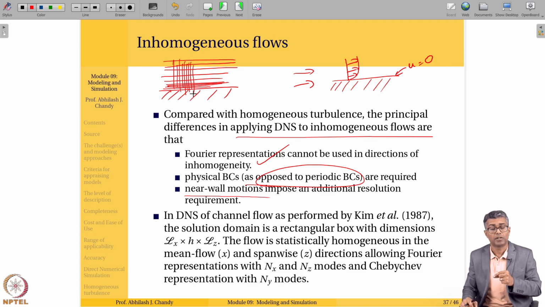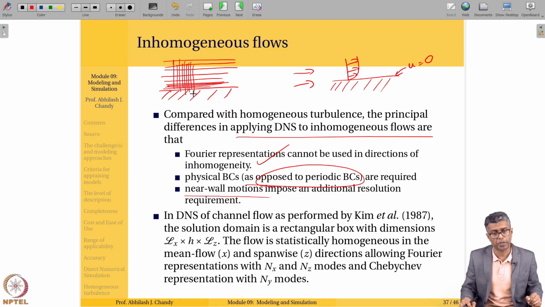So additional, say, wave numbers, if you are considering spectral methods, although spectral methods cannot be considered because you have inhomogeneity and you don't have a periodic boundary condition. But conceptually, it is the same as including additional wave numbers.